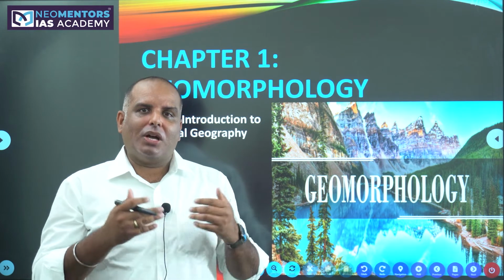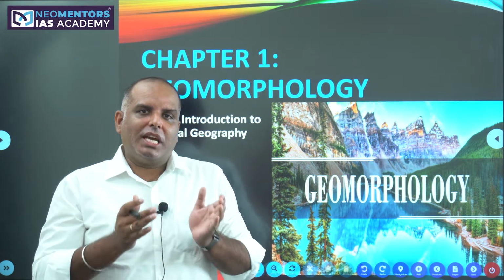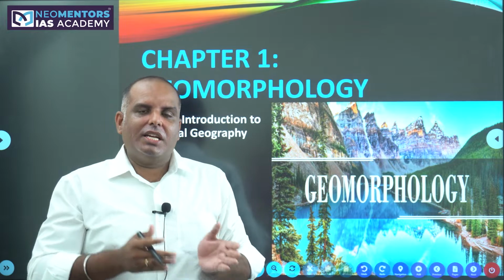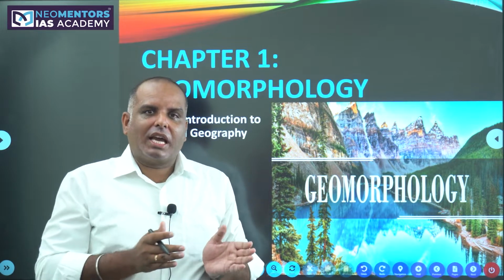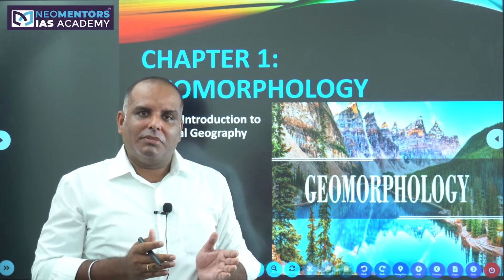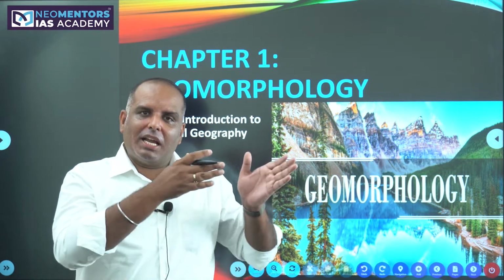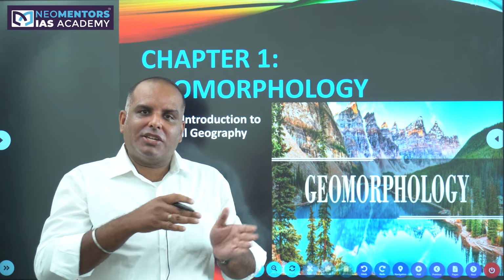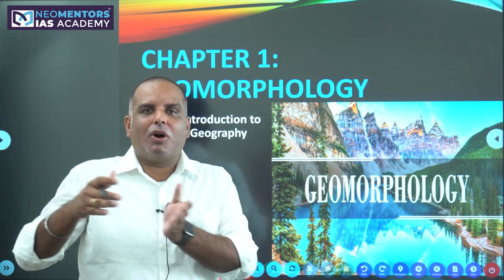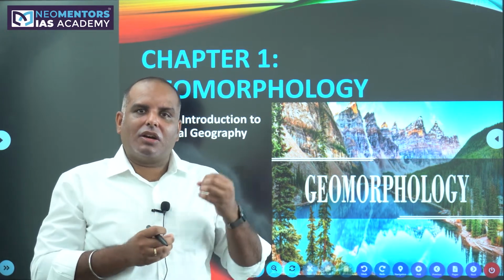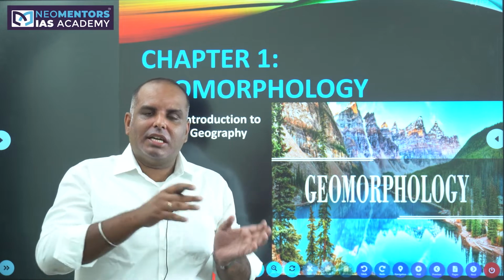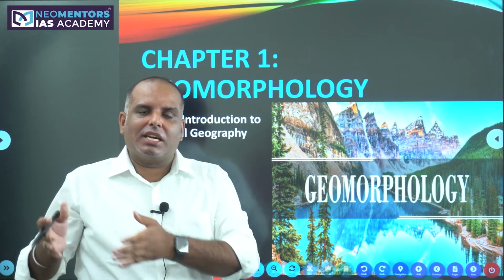Similarly, when I say processes, if you see any Himalayan river, we read in newspapers that they are carrying a lot of debris along with them. But again, when they flow through the Himalayan region, through the Gangetic plains, they ultimately deposit whatever sand or loamy soil they have near the coastal regions.